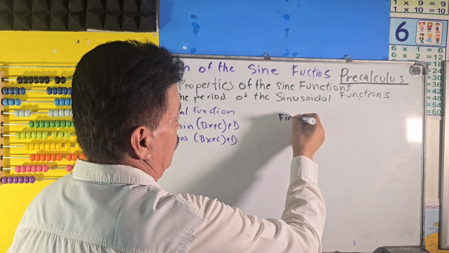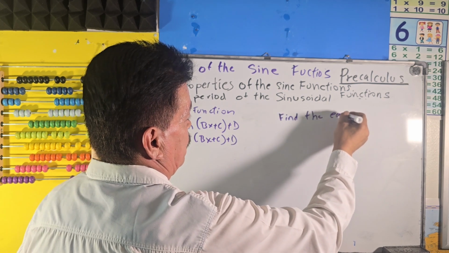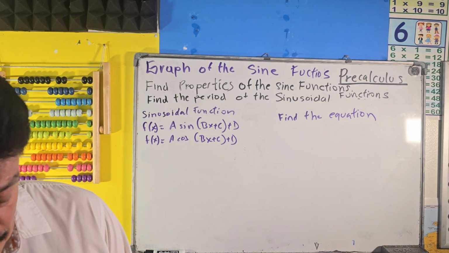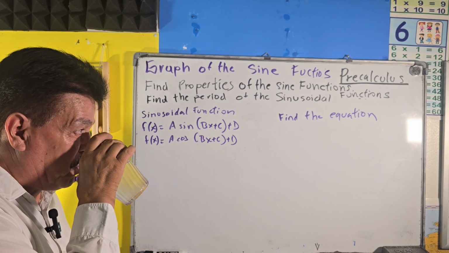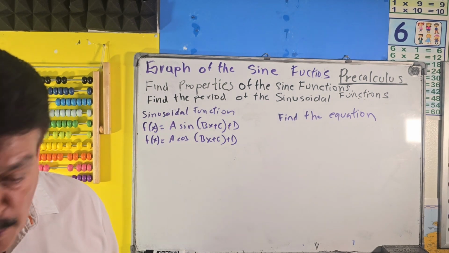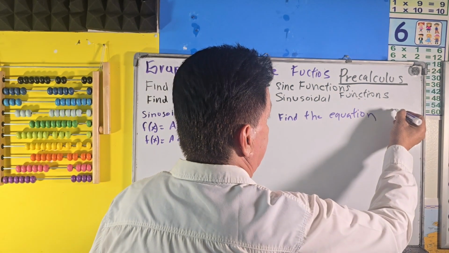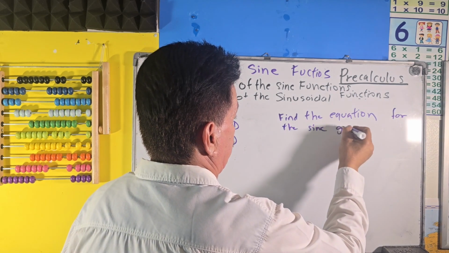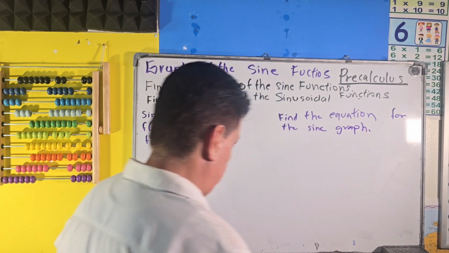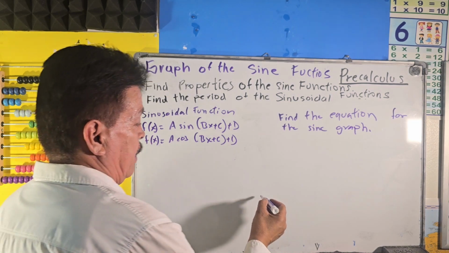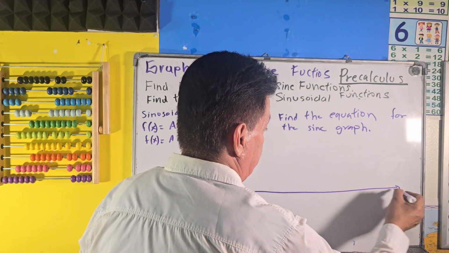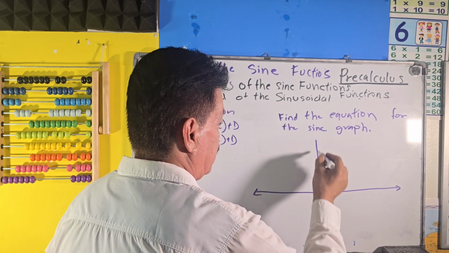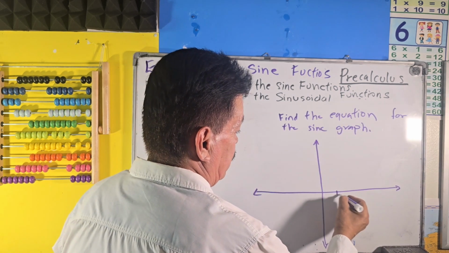Find the equation for the sine graph. Let me show you in this graph right here.